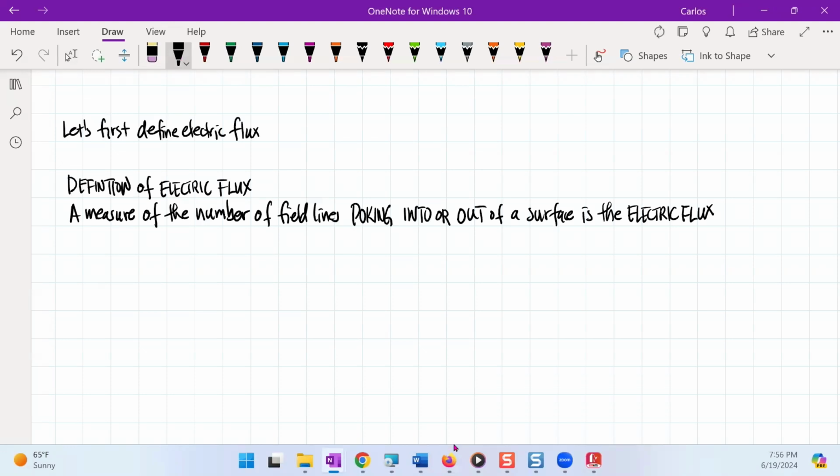So if I write out this detail here, we then say that electric flux is equal to the number of field lines poking through the surface.